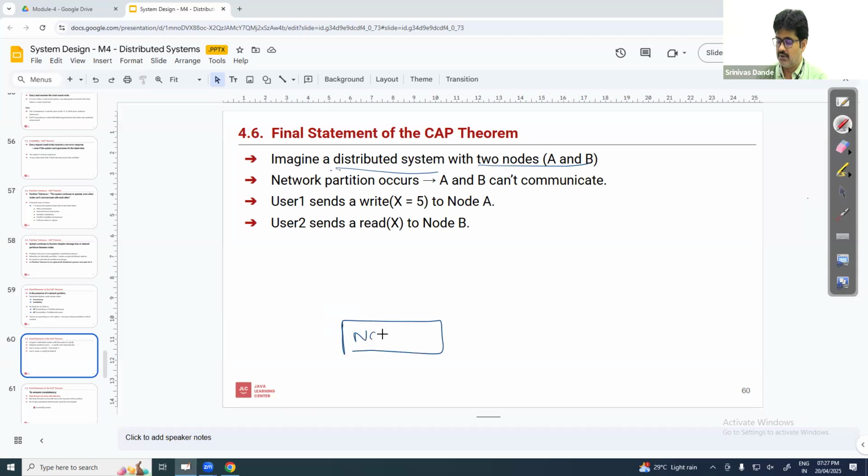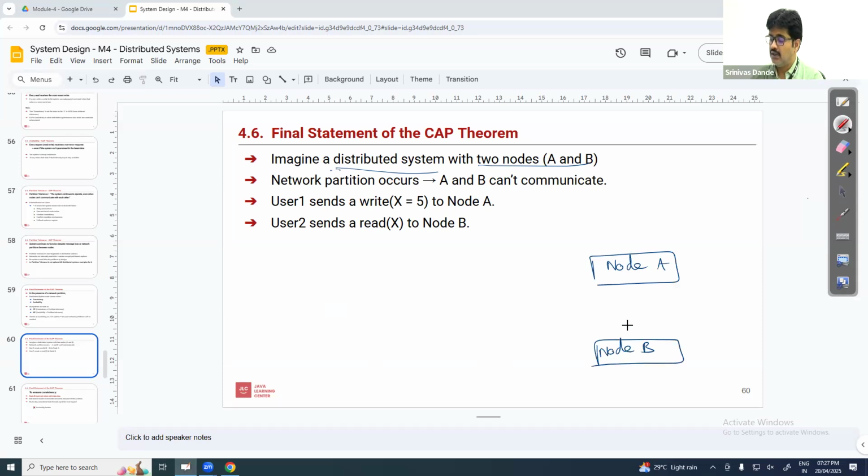This is my node A. This is my node B. This is a distributed system, meaning the two nodes are connected and they will talk to each other. Two or more systems connected via the network is called a distributed system.